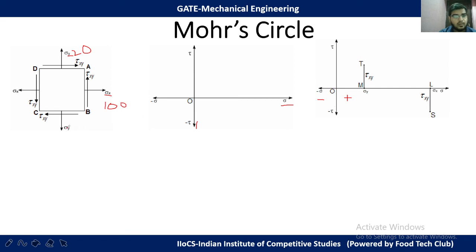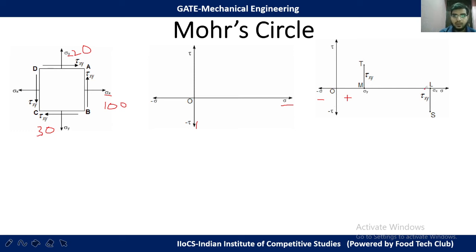Similarly, if tau xy is suppose also 30, then from sigma y we will draw a vertical line upwards equal to 30 units, which is tau xy, and from sigma x we will draw a line vertically downwards equal to 30 units.